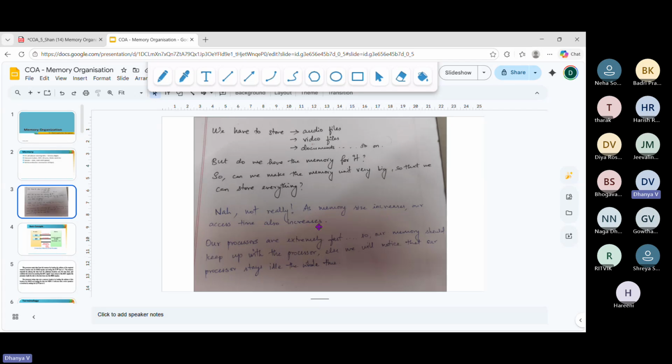Access time is the time it takes to fetch your data from that memory unit. So as your memory increases, your access time also increases. You can't really have a very big memory unit to store everything.